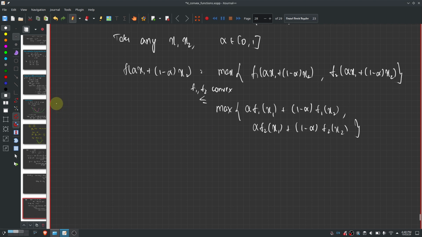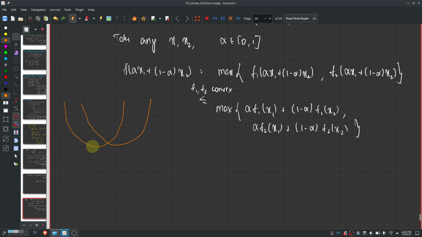So let's keep this on the side. I have two functions, right? Let's say these two functions. I'm taking some two points, x1 and x2.